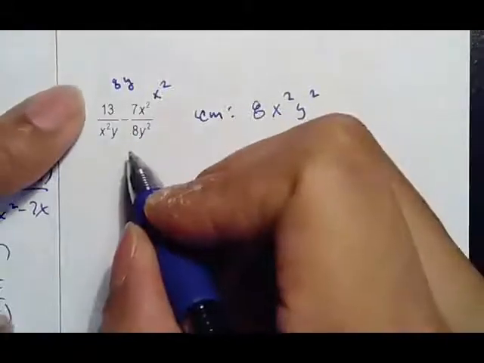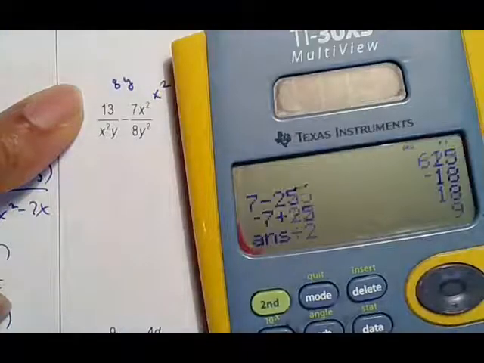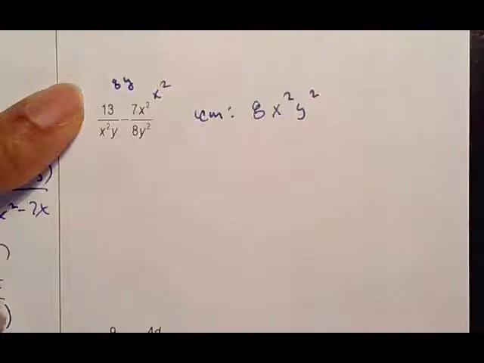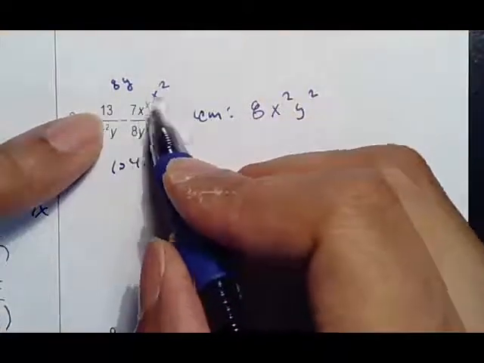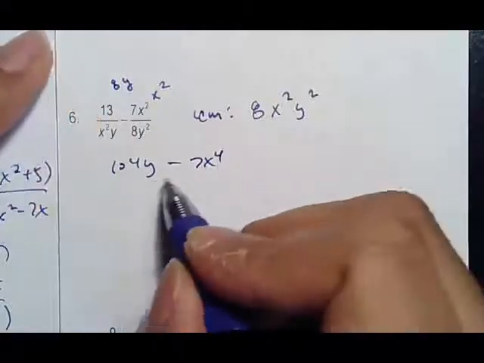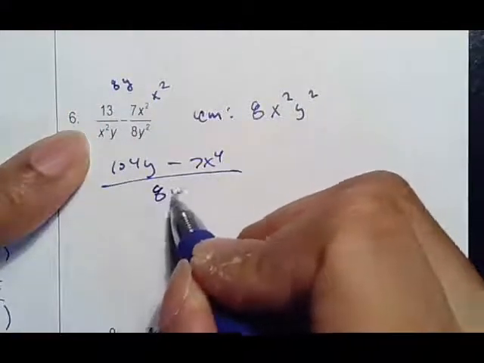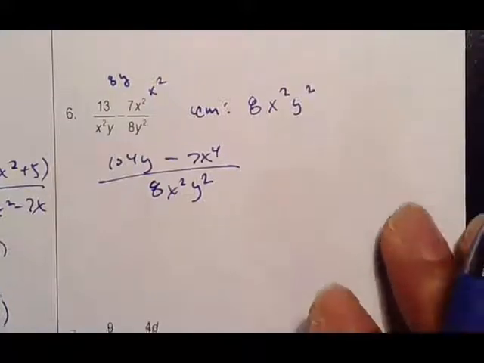So you end up with 13 times 8, which is, I believe, 104, minus 7x to the 4th over whatever your LCM is, which is 8x squared y squared. I think most of these were in your homework, so again, if you understood your homework, you're in decent shape anyway.